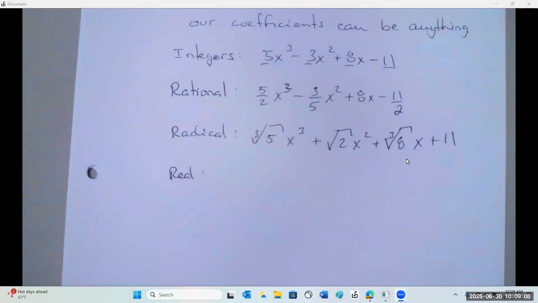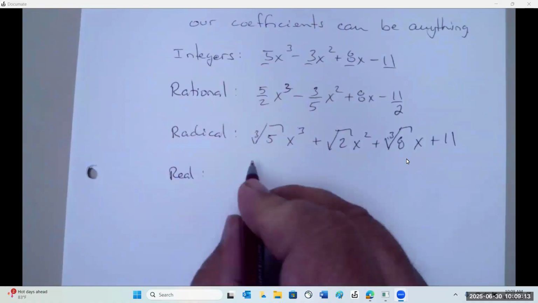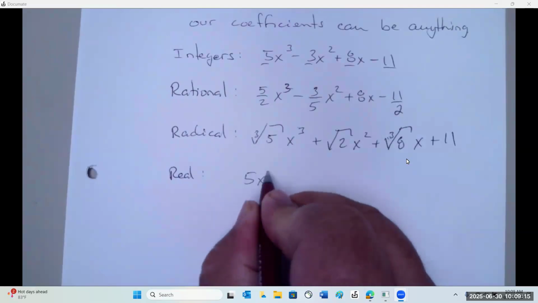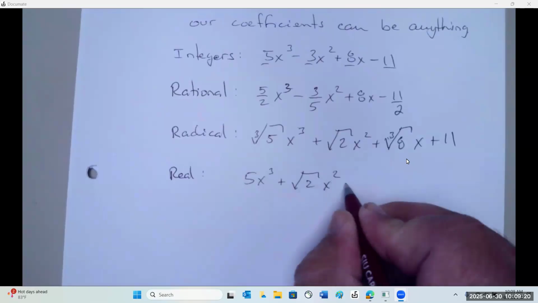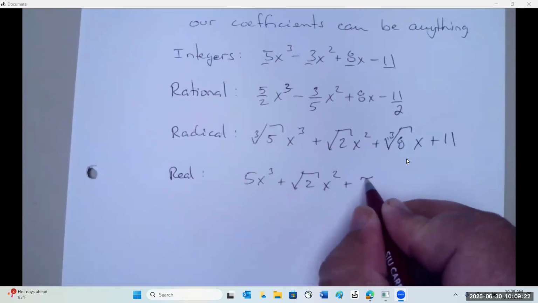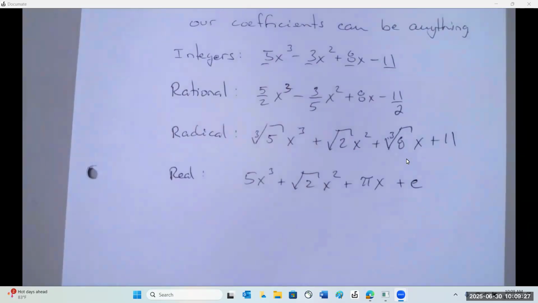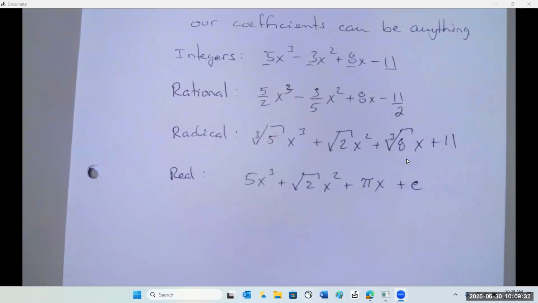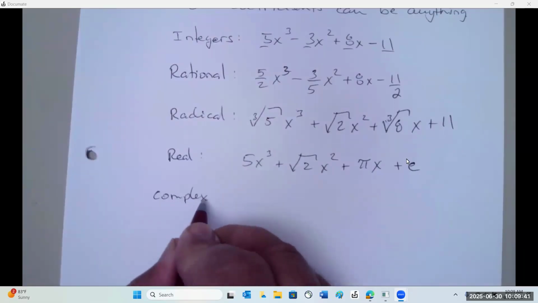It can be real. It could be anything from negative infinity to positive infinity. Pi is a real number. E is a real number. It's constant. Or it could be complex. What's a complex number?